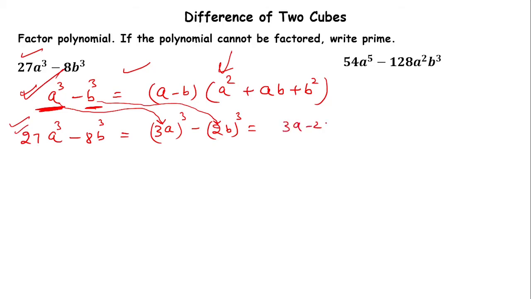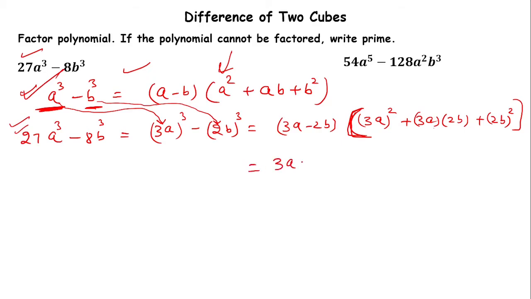So 3a minus 2b, the first value, then 3a square plus 3a times 2b plus 2b square, and you can take this close bracket. So the answer is 3a minus 2b, then we have 9a square plus 6 times ab plus 4b square. That's the final answer.